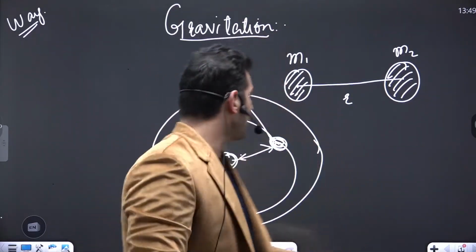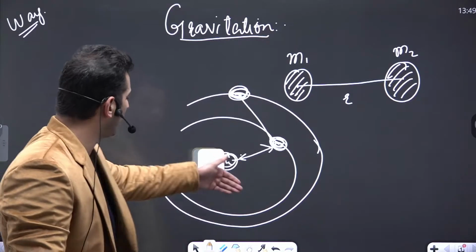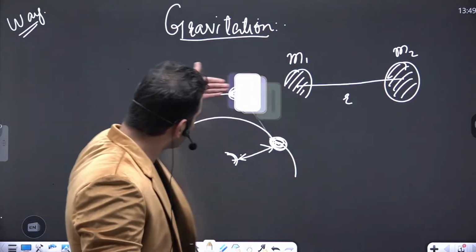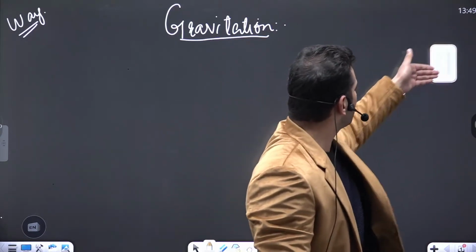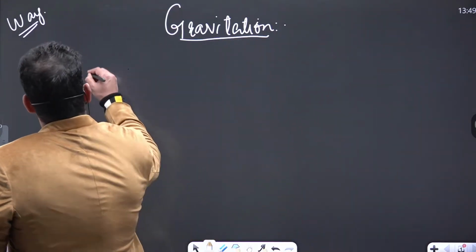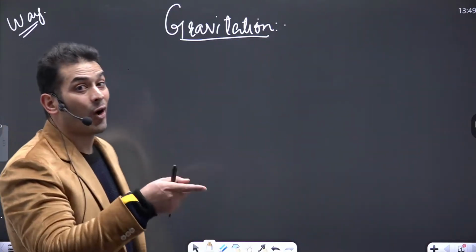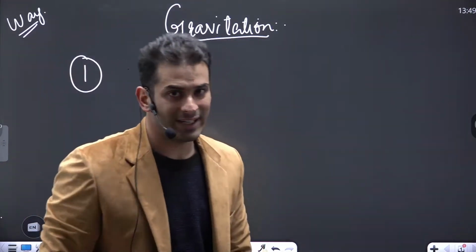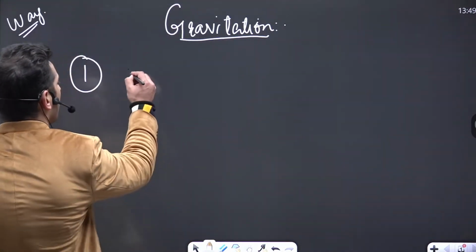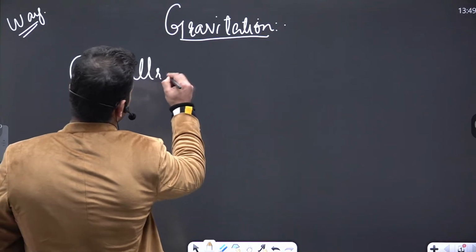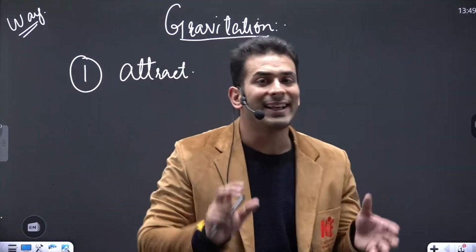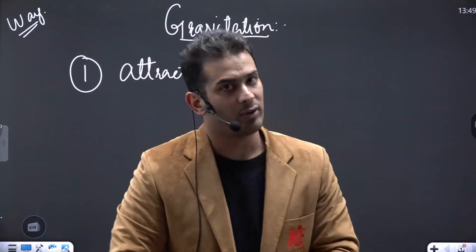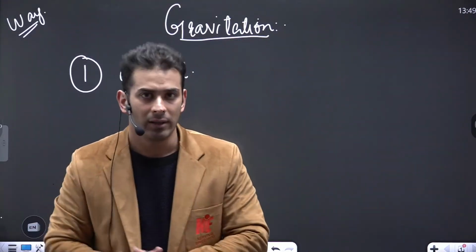So beta, there's a property of this force which is called gravitation. This force is always attractive in nature. That means it will always attract each other. They will never repel anybody.